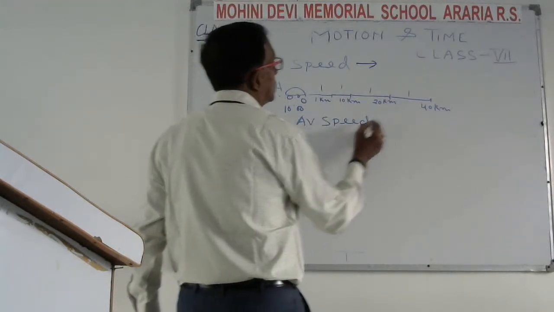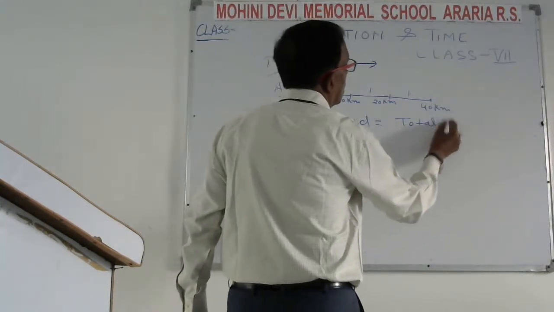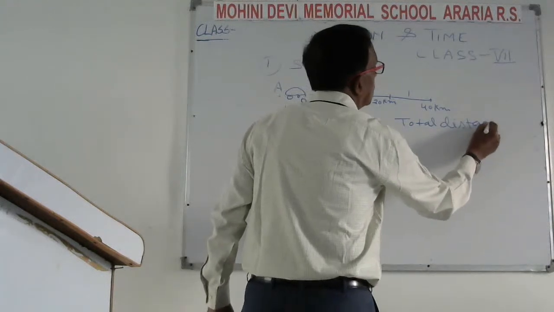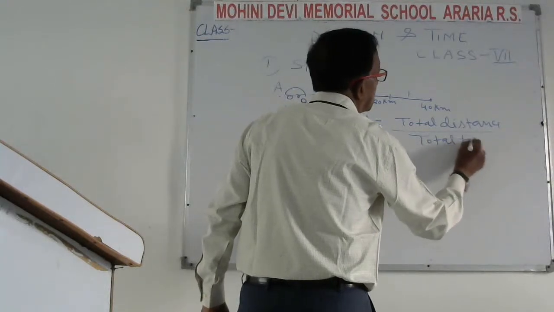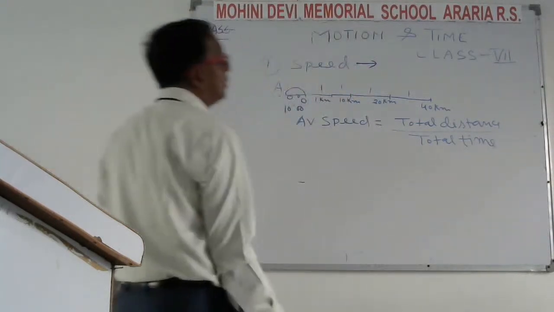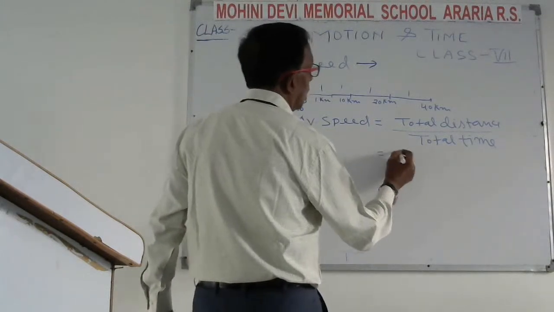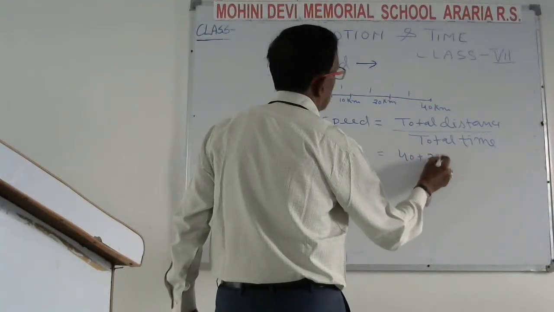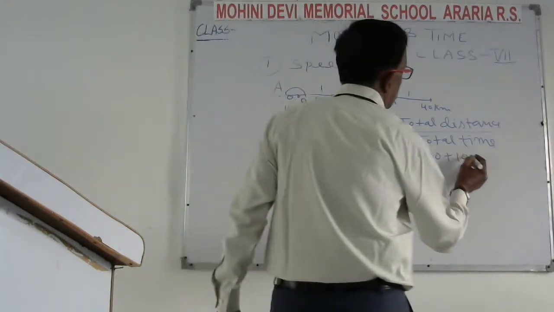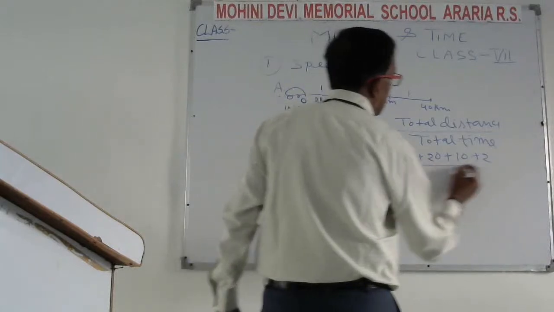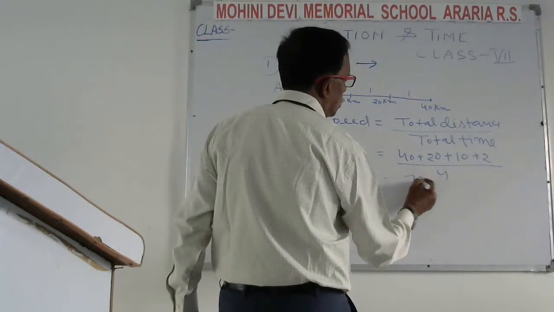So you will write speed is equal to total distance by total time. No speed can be said as only speed; always it is average speed, my children. 40 plus 20 plus 10, and for simplification I am writing 2 plus 2, by the time interval.